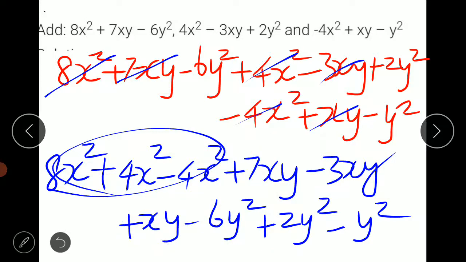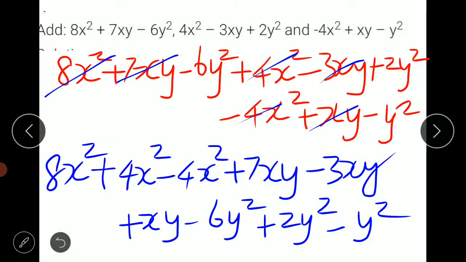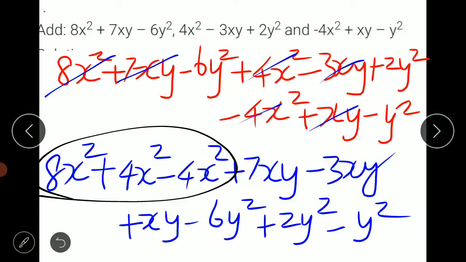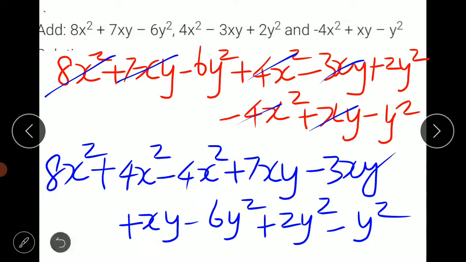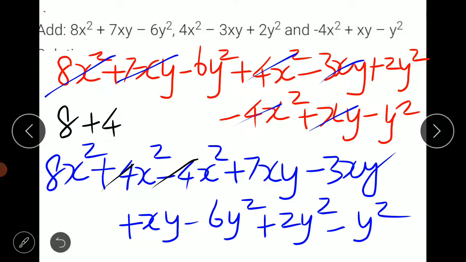Okay, so now let's take this group, pick up the numerical values. Actually, when you see like this, plus 4 minus 4 will become 0. If you know very well, when you see the number like this, plus 4, because unlike subtract, 4 minus 4, 0, like this we can simplify, or otherwise pick up all the numerical values from x square term. 8 plus 4 minus 4.